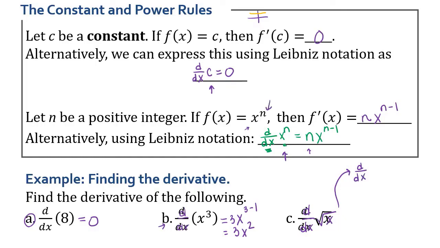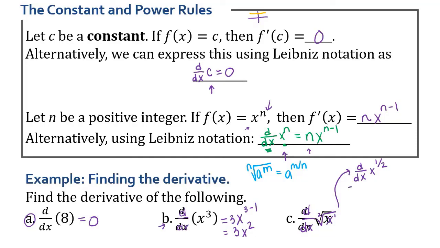Remember, I can rewrite square roots using the rational exponent rule: a to the m over n is the same thing as taking the nth root of a to the m power. So I can take a radical and write it as a rational exponent. This is the same thing as x to the first power and you're taking the square root, so I could rewrite this as x to the 1/2.